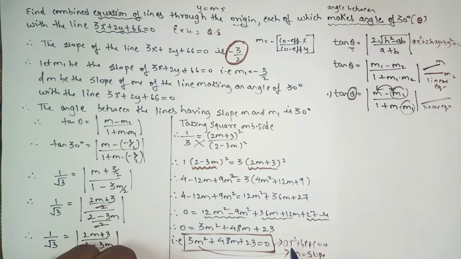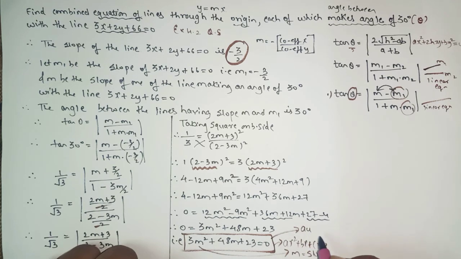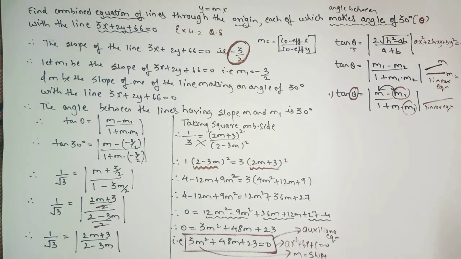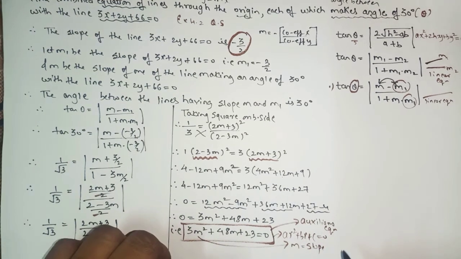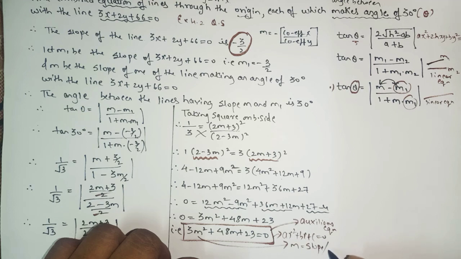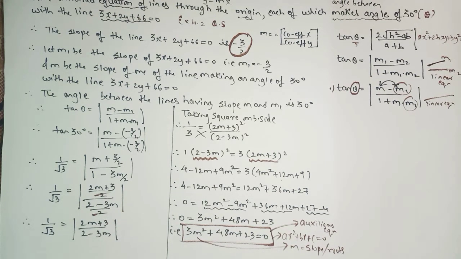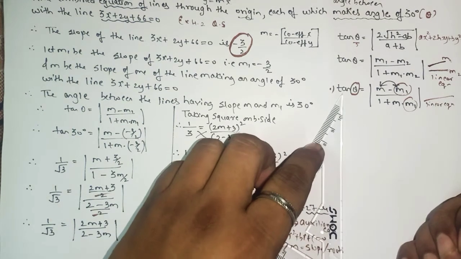If you get a quadratic equation with respect to slope, this is known as the auxiliary equation, yes or no. An auxiliary equation is an equation with respect to the variable m, where m is known as slope, or else we can say it is also known as the roots, yes or no. Understood? Got the point?